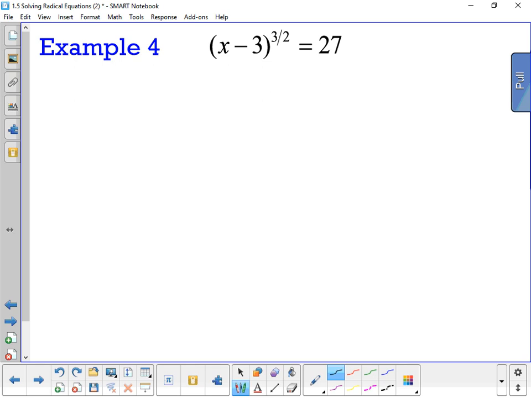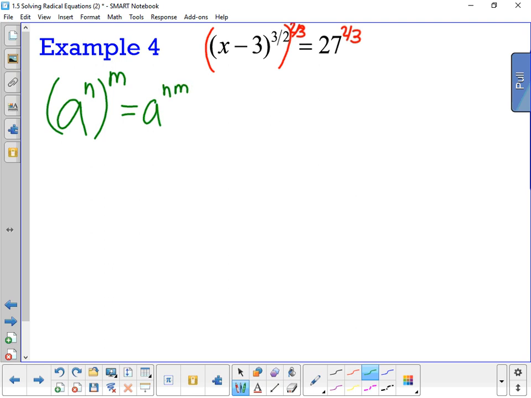So the way that you do that is you think about that power there, the 3/2 power, and we need to undo the 3/2 power. So what we're going to do is raise it to the 2/3 power. I used the reciprocal there. The original power was 3/2. I'm raising it to the power 2/3. Now if you think back to exponent rules, if you have something like a to the n to the m, you would multiply those two powers.